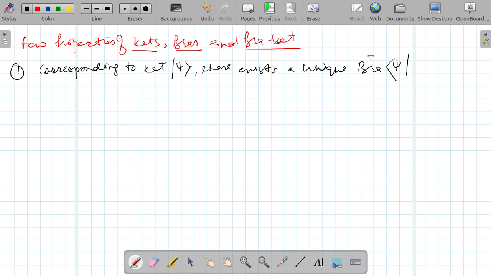Another property: if A and B are operators, in general operators are represented by taking a hat over them, so A and B can be represented in this manner.